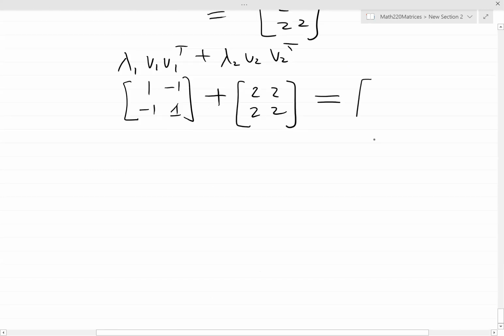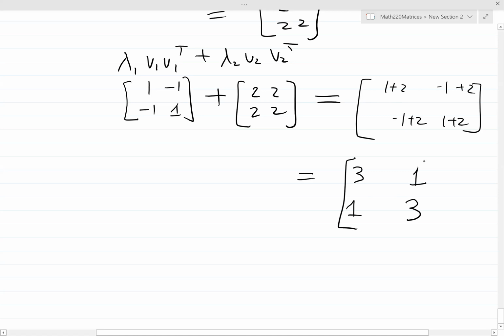So for the 1,1 entry, we get 1 plus 2, which is 3. Now for the 1,2 entry, we get negative 1 plus 2. Let's write it together: 3, negative 1 plus 2, negative 1 plus 2, 1 plus 2, which is 3, 1, 1, 3.